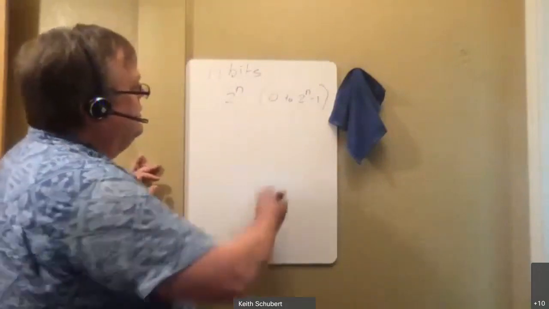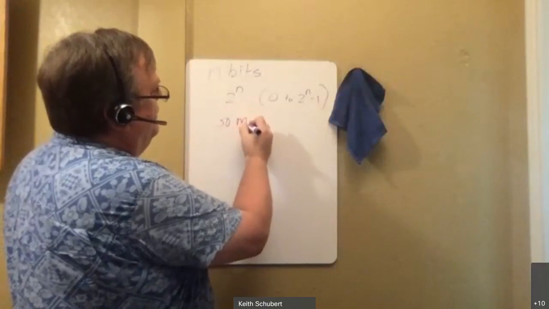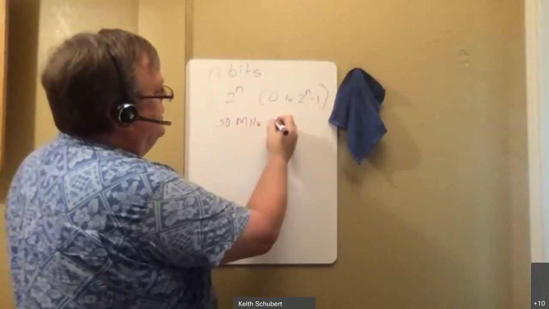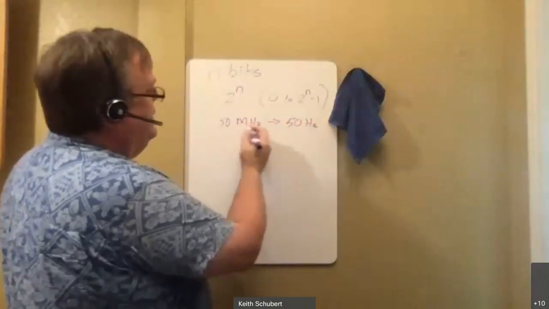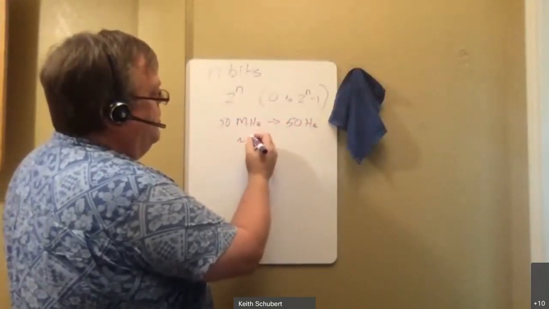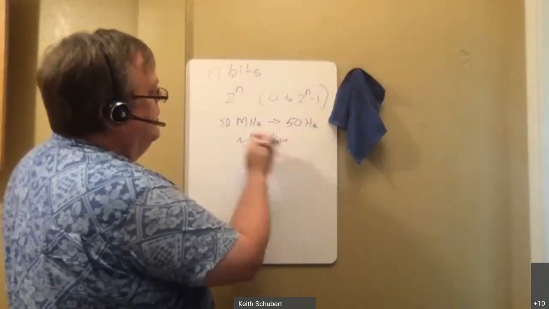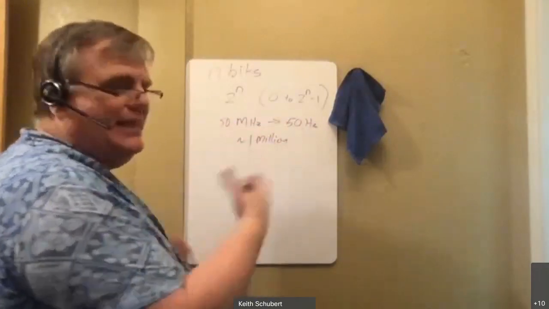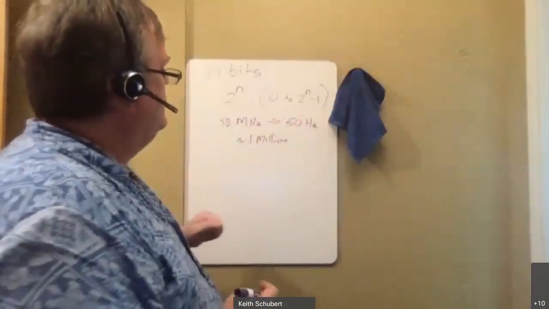So I could say, for instance, I need to go from 50 megahertz down to 50 hertz, and that's on the order of about 1 million. So ballpark, I have to count in the range of 1 million to be able to get this.